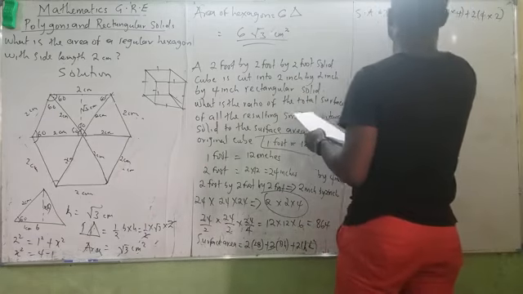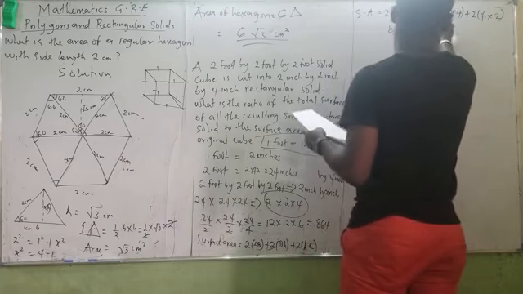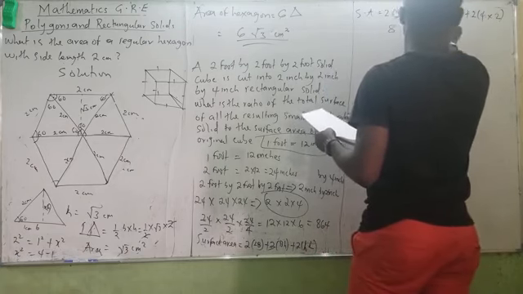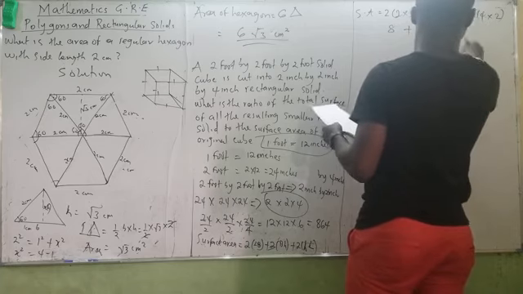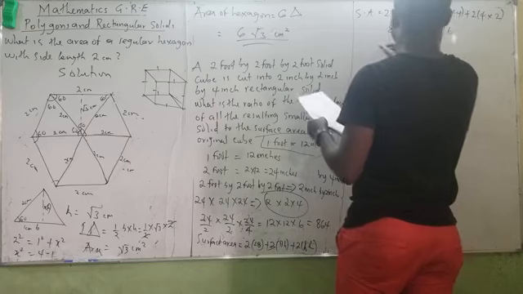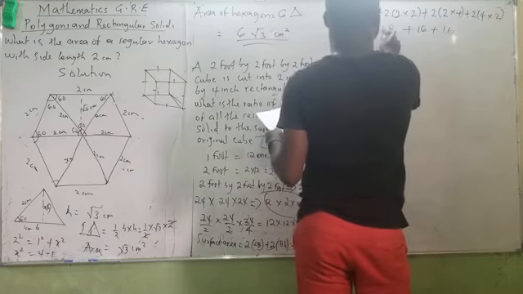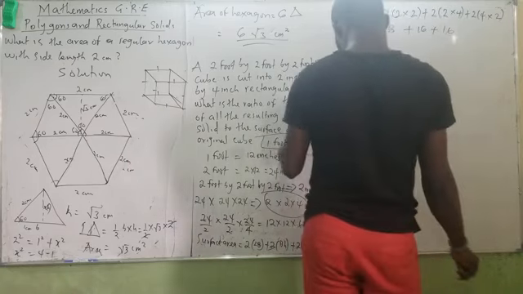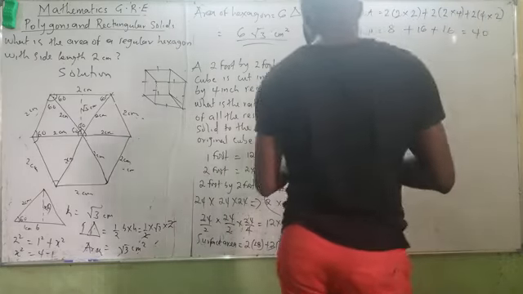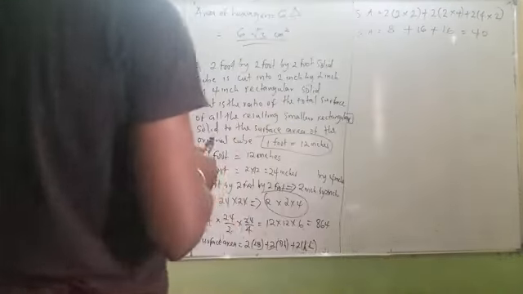Here will be 4, and here will be 8, plus here will be 8, here will be 16, here will be 8 and 16, which I'll be having. Surface area will be equal to 40, which is 40 centimeters.